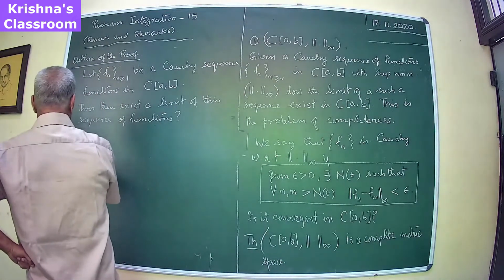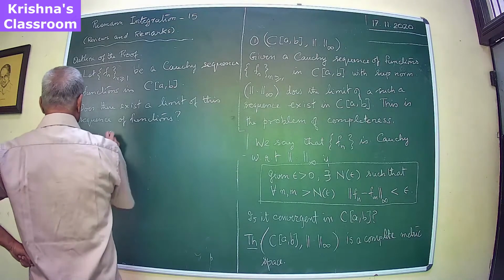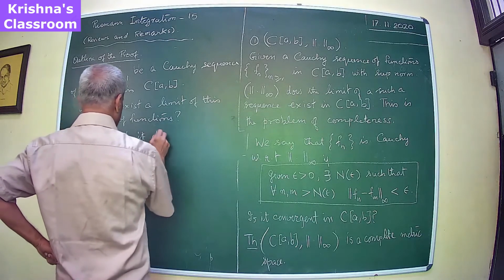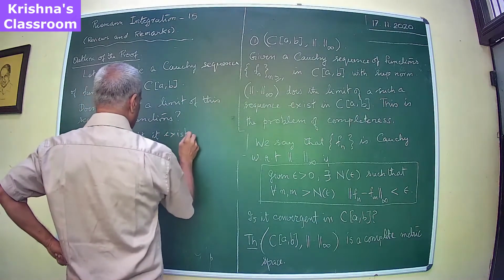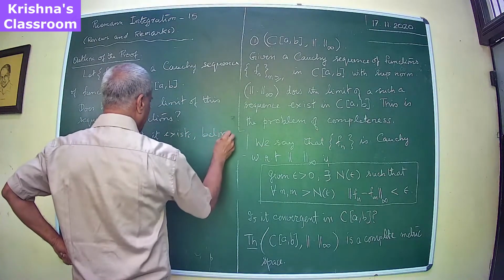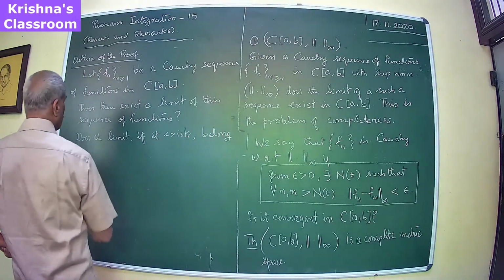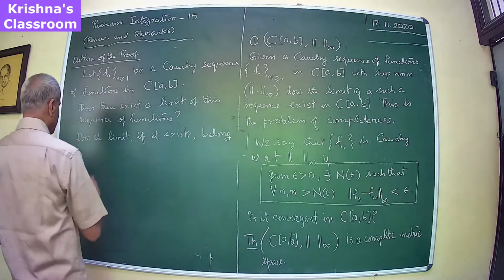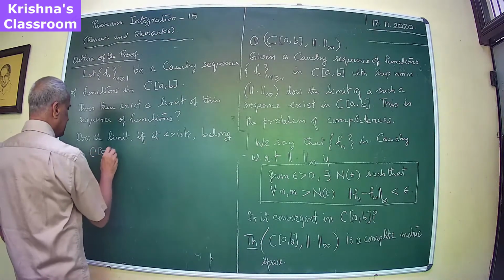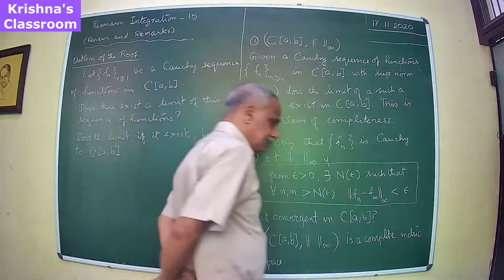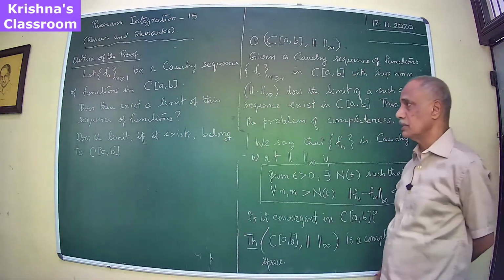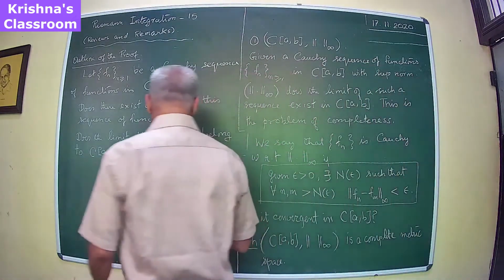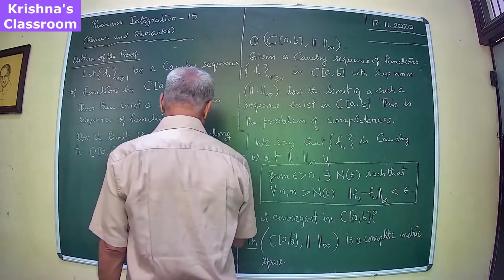Does it belong to C[a,b], if it exists? Or is it a continuous function? What about the limiting function, is it a continuous function? This is what we want to explore. Okay, first of all, let us look at this problem. So we are working on the interval [a,b].